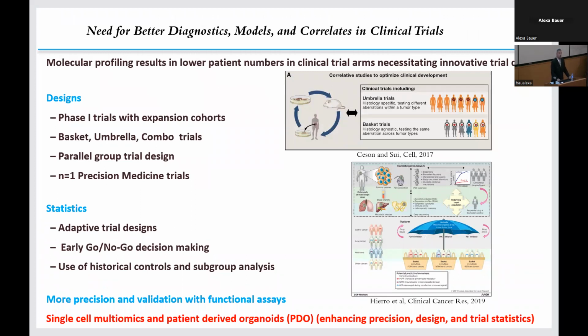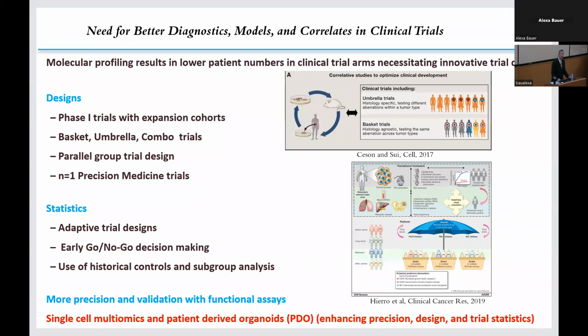It is even more important when we try to translate the data to trials, because now we have much smaller numbers of patients to be involved in these trials. All molecular diagnosis will lead to a smaller number of patients in each of these trials.